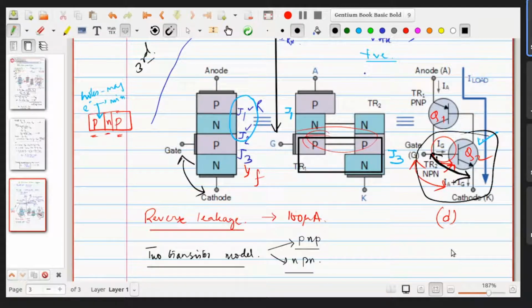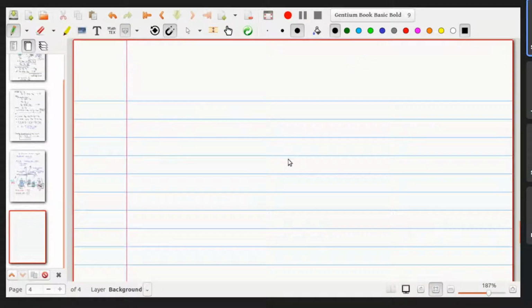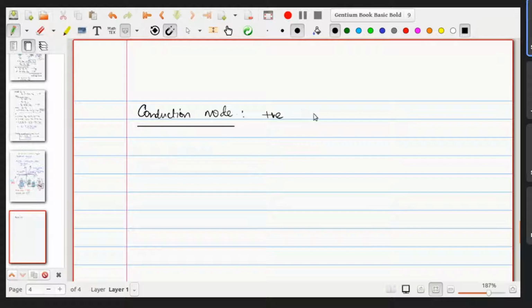In the conduction mode, what we find is that a positive gate cathode voltage is going to forward bias, if I put it in this way, in the conduction mode, whatever be the situation, however we have made it conduct, a positive gate to cathode voltage is going to forward bias the base emitter of Q2.